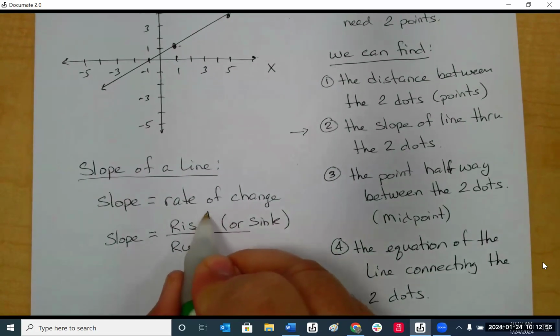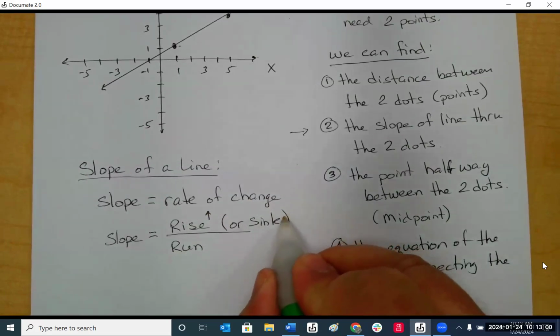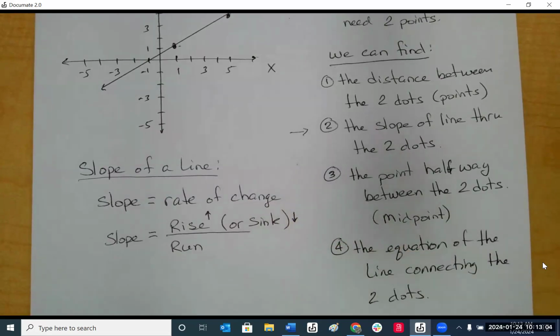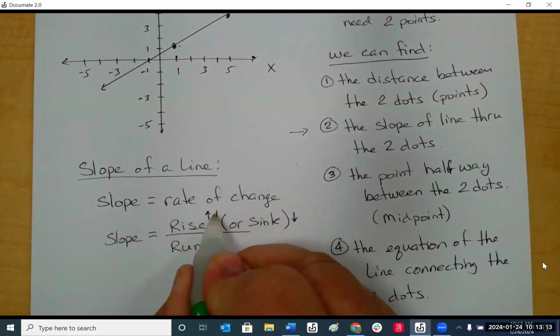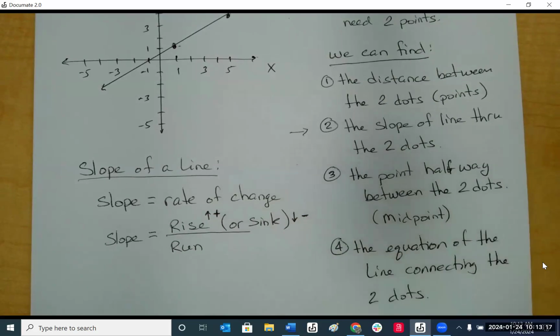Rise means it's going up. Do all lines always go up? No. Some of them go down. So it's sink if it goes down. It's rise if the slope is positive. It's a sink if the slope is negative.